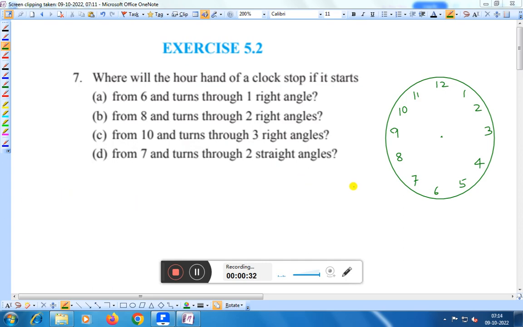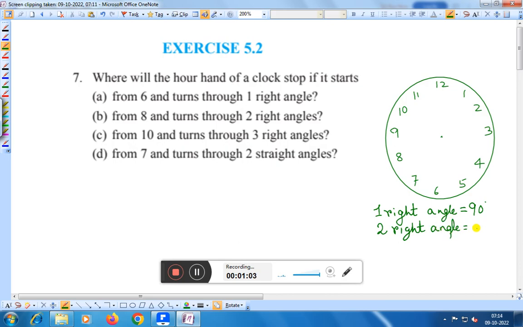One right angle is equal to 90 degree, right? And two right angles is equal to 2 into 90 degree, that is 180 degree.